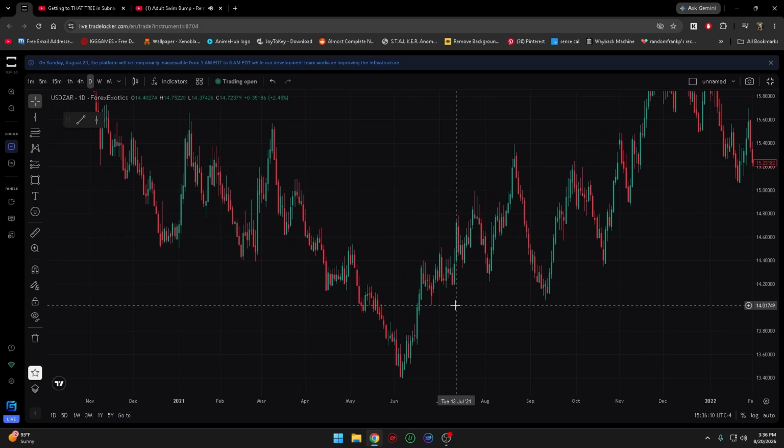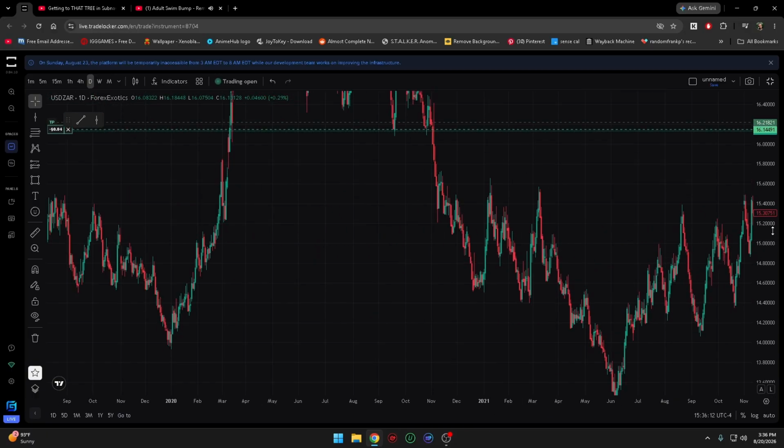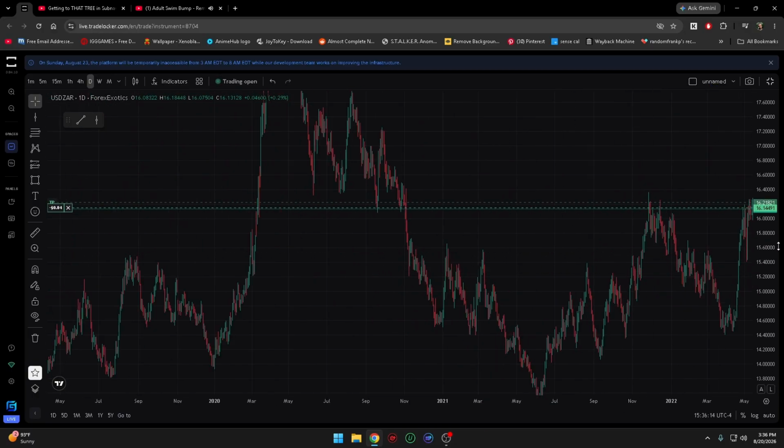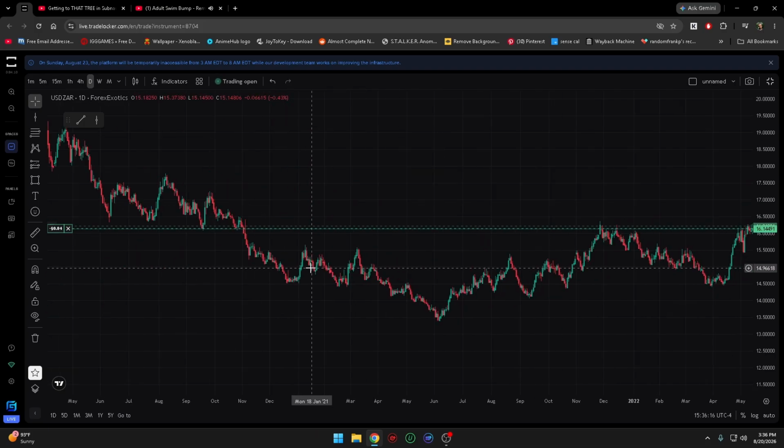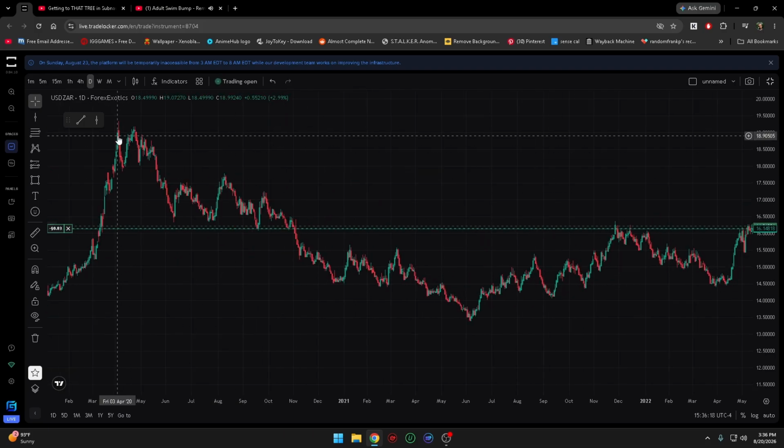So what was price doing on this side right here? What was price doing right here? It consolidated.